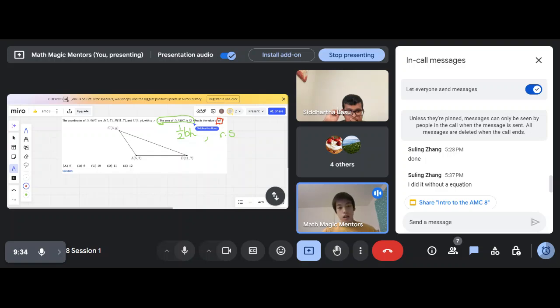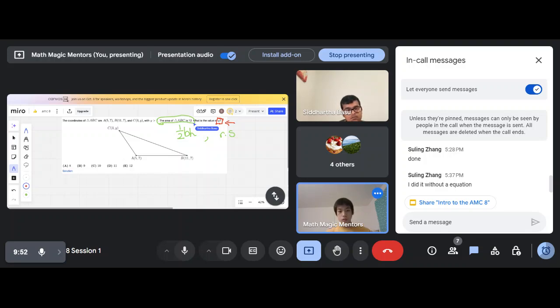So basically, what I mean by an equation is that we're solving for a variable y right here. We can incorporate this value into one of our area formulas.